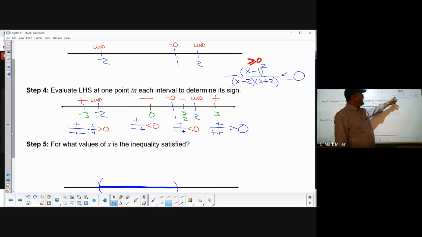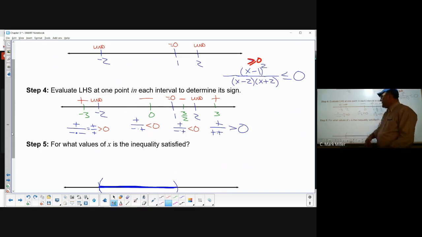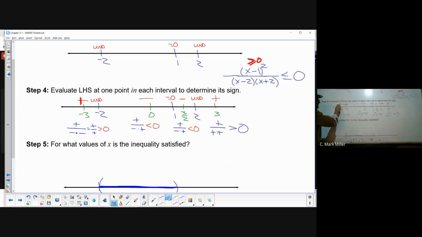If I stick -3 in here and subtract 2 from it, that's a negative. If I stick it here and add 2 to it, -3 plus 2 is -1, which is still a negative. So in the bottom, I have a negative times a negative. That's a positive in the bottom, positive in the top. So that ratio is positive. And so in this interval, it is a positive.